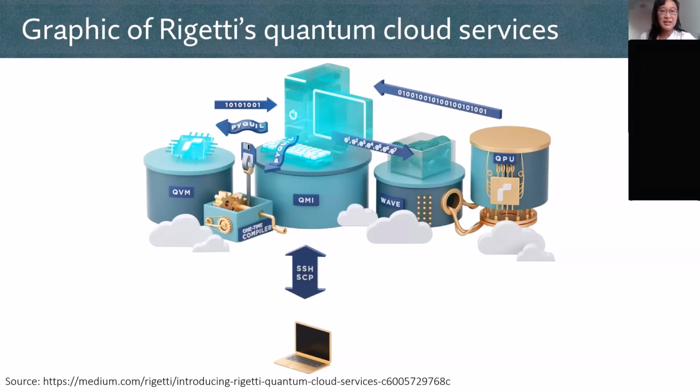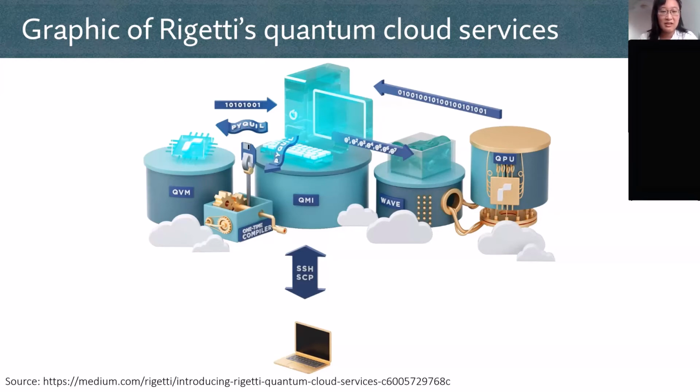But we can see ideas of what the stuff in between hardware and software might look like. This is a graphic from Rigetti's blog. This laptop here is, say, your personal laptop, and then you can remotely connect to the quantum machine interface, some computer in the cloud.